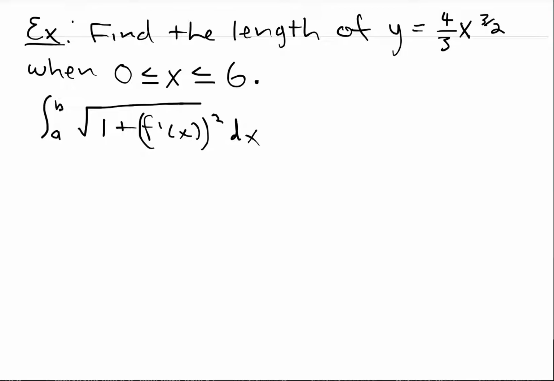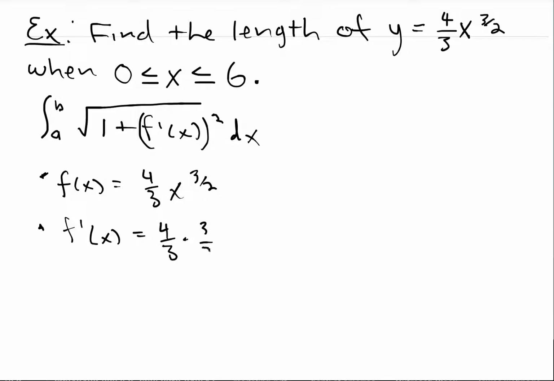If I want to find the length of this curve, again, much like my previous examples, I'm going to start out with figuring out my function, figuring out my derivative. So I will hang on to my constant coefficient and then apply power rule.